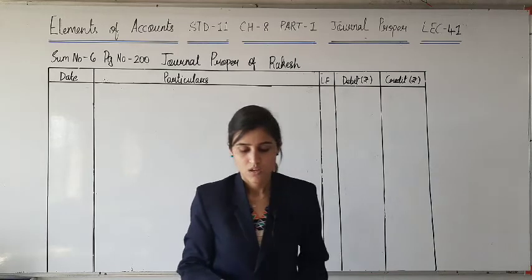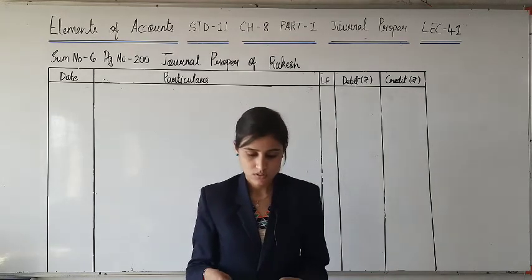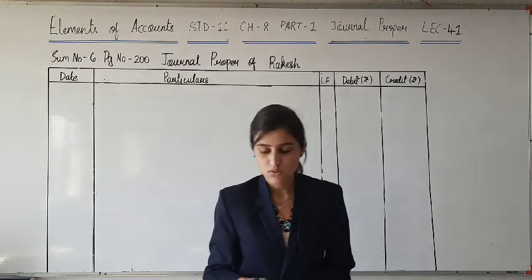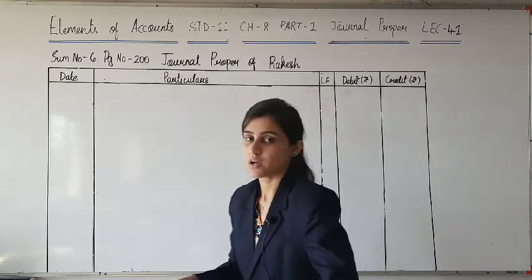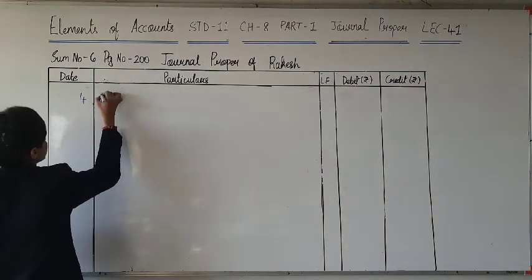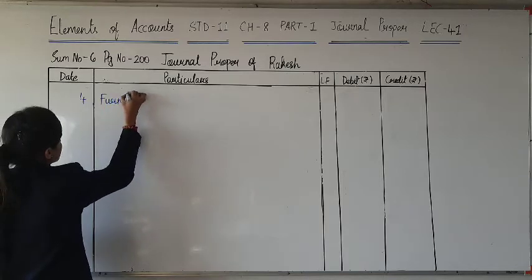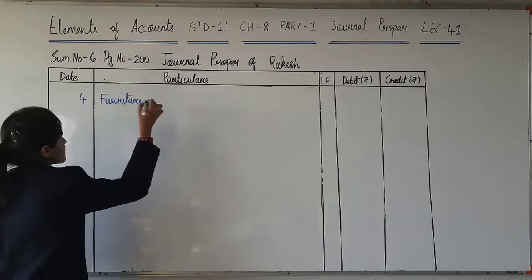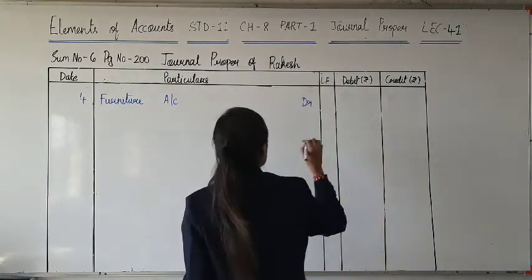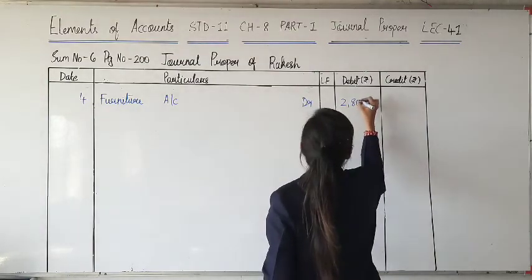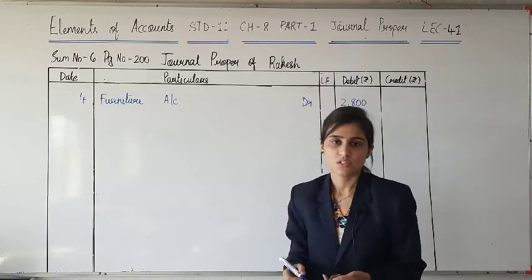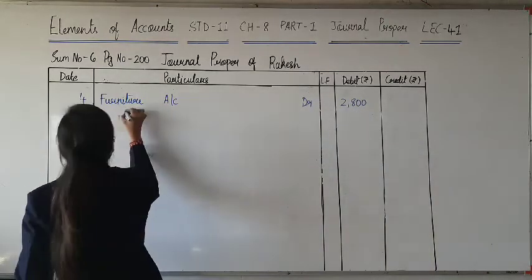On 4th, purchased furniture of rupees 3,000 by giving goods of rupees 2,800. So, what comes in? Furniture, the 4th journal entry. Amount you will be writing of goods. Logic I have explained. While explaining this type of journal entry from illustration, I will repeat my explanation.